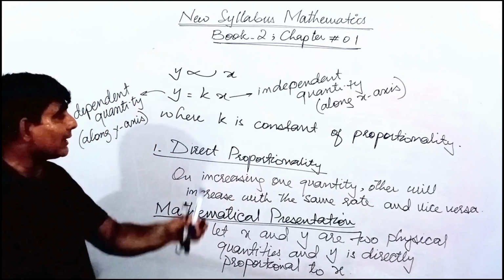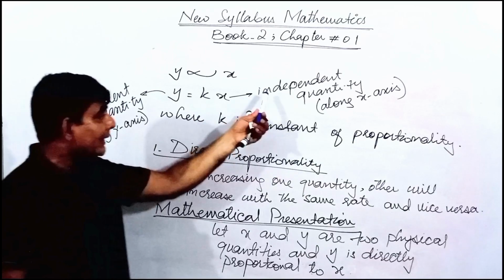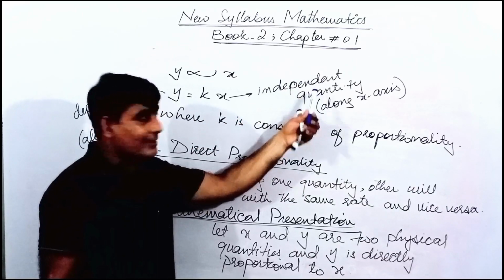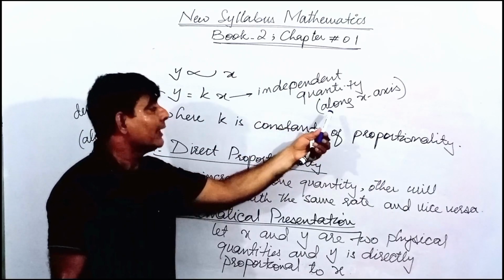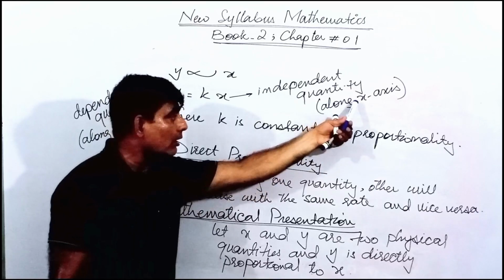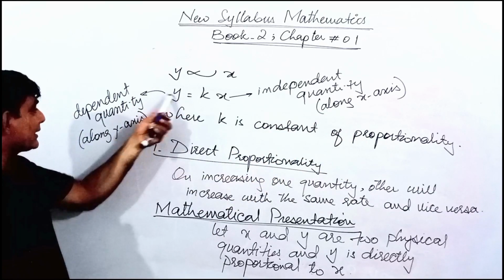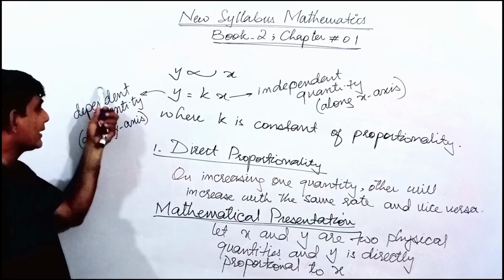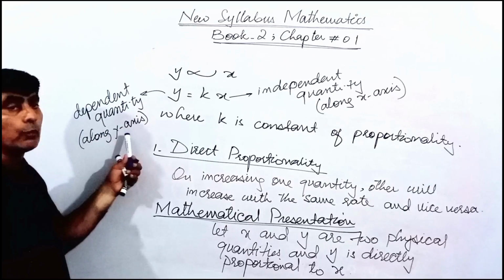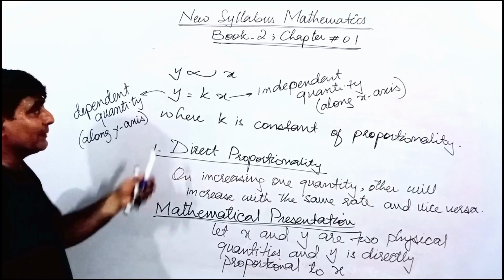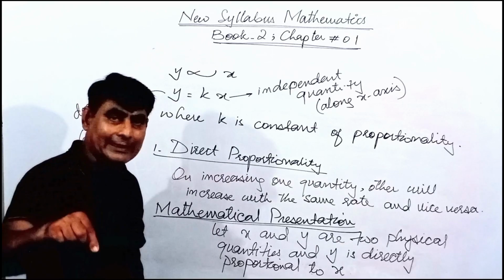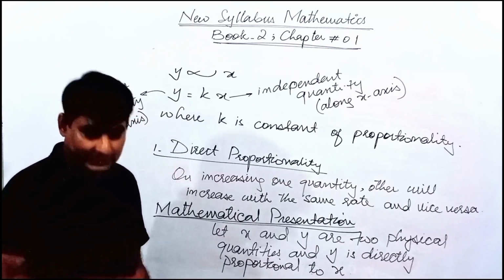Whatever quantity is multiplied by this k is the independent quantity, so someone depends on it. It must be considered along the x-axis, and this one is the dependent quantity along the y-axis. So in a relation there is one dependent and one independent quantity.